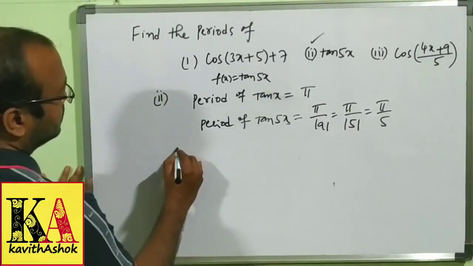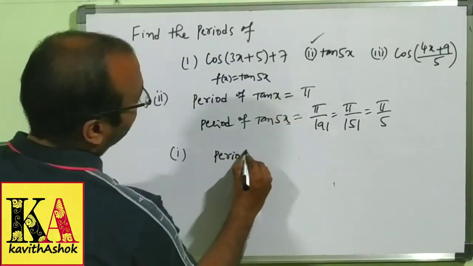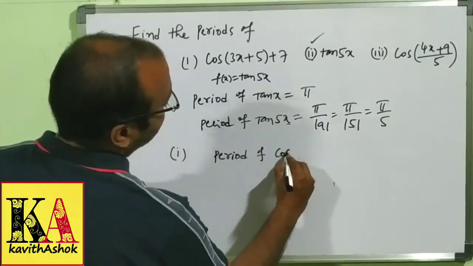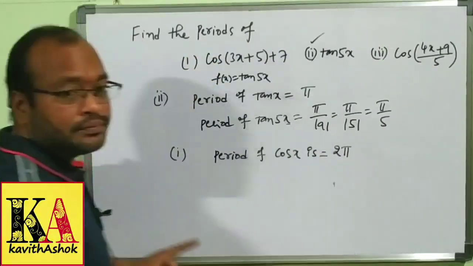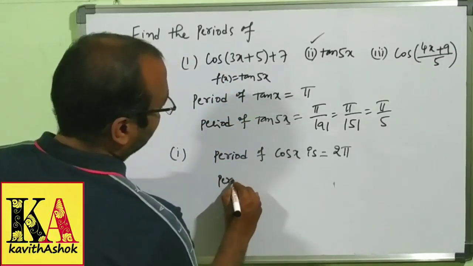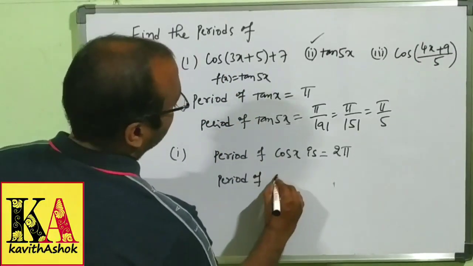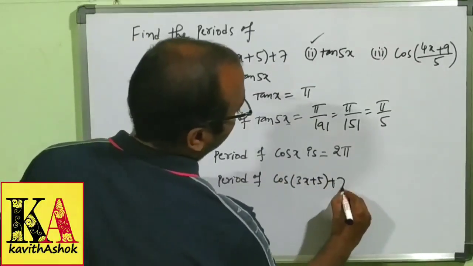Now check the first one. Period of cos x is what? 2 pi. But here the period of cos 3x plus 5 plus 7 is given.